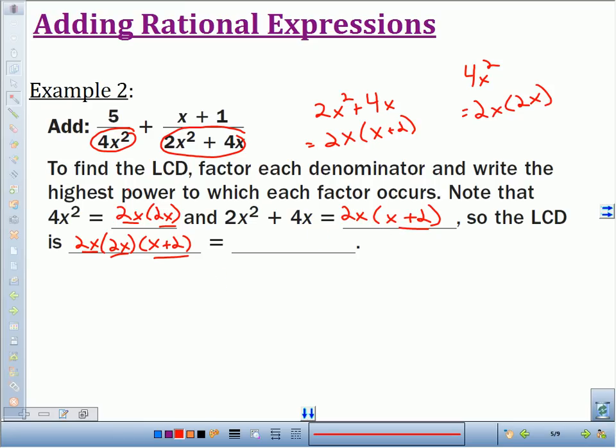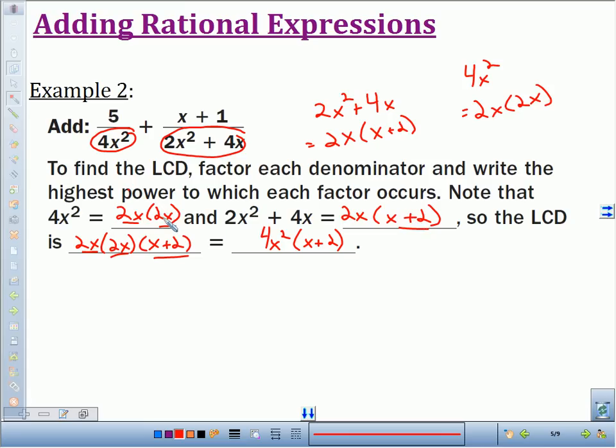So our least common multiple then, 2x times 2x is 4x squared, times x plus 2. That's our least common denominator. We broke it down into individual pieces, 2x times 2x here, 2x times x plus 2 here.